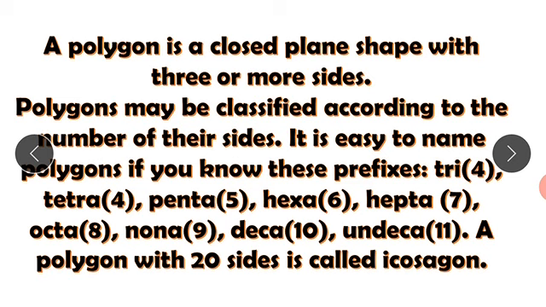A polygon is a closed plane shape with three or more sides. Polygons may be classified according to the number of their sides. It is easy to name polygons if you know these prefixes. 3 is tri, 4 is tetra, 5 penta, 6 hexa, 7 hepta, 8 octa, 9 nona, 10 deca, 11 undeca, and a polygon with 20 sides is called icosagon.